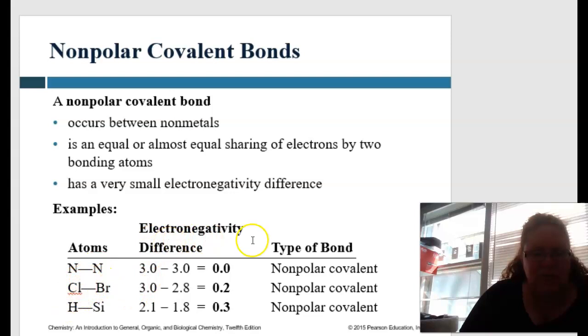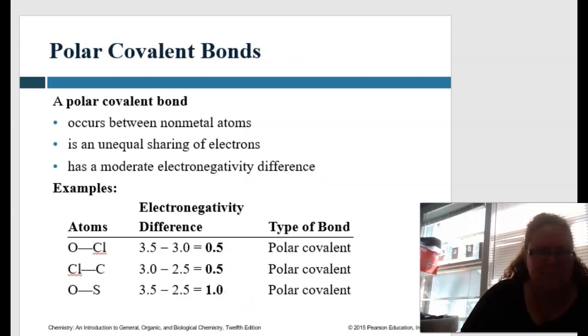The electronegativity difference would be 3 minus 3, which is 0. 3 minus 2.8, the difference is 0.2. 2.1 minus 1.8 is 0.3. And so the type of bond for all of these is nonpolar covalent. Like I said, it's almost equal sharing, with a very small electronegativity difference, as you can see from the calculations we just did.